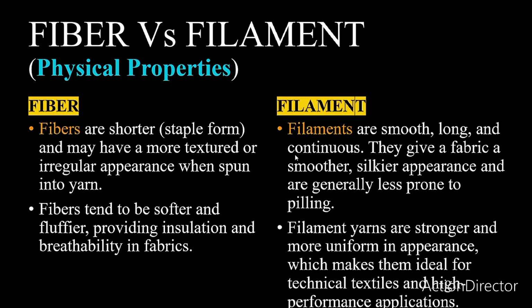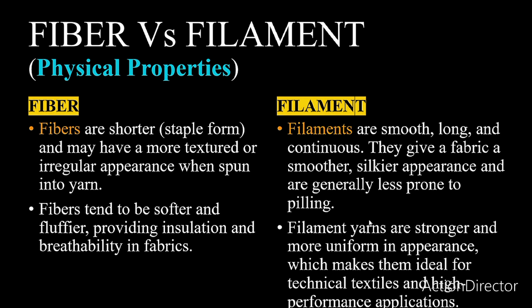While for the case of filaments, they are smooth, long, and continuous. They give a fabric a smoother, silkier appearance and are generally less prone to pilling, while the fibers are more prone to pilling.